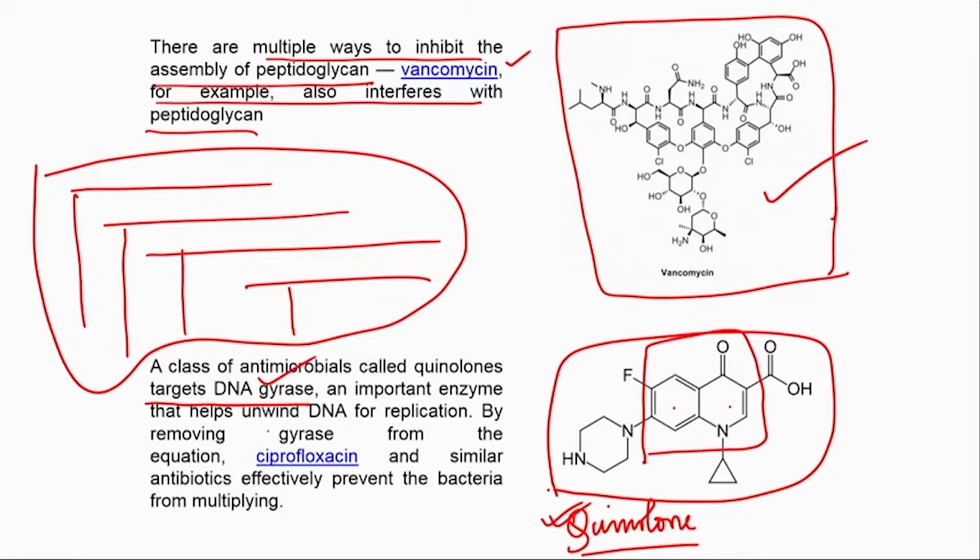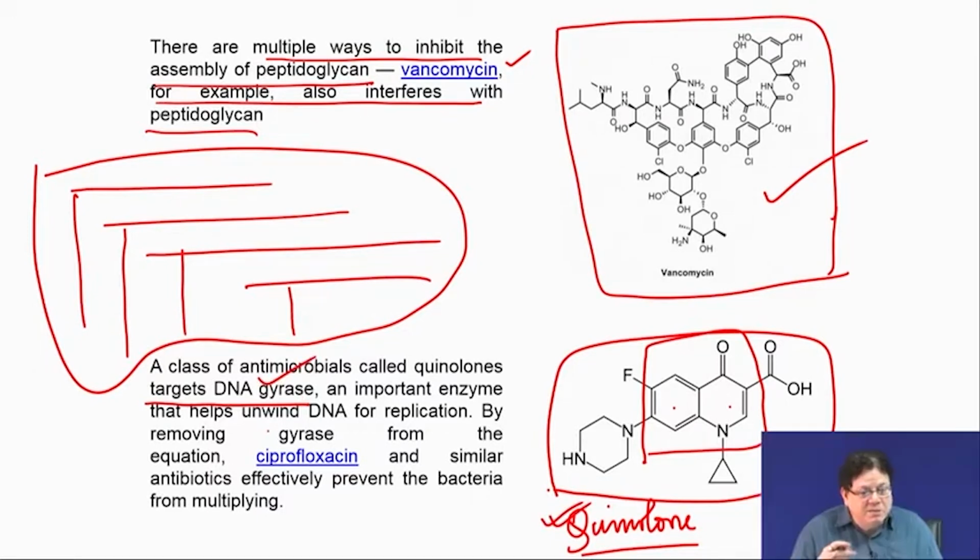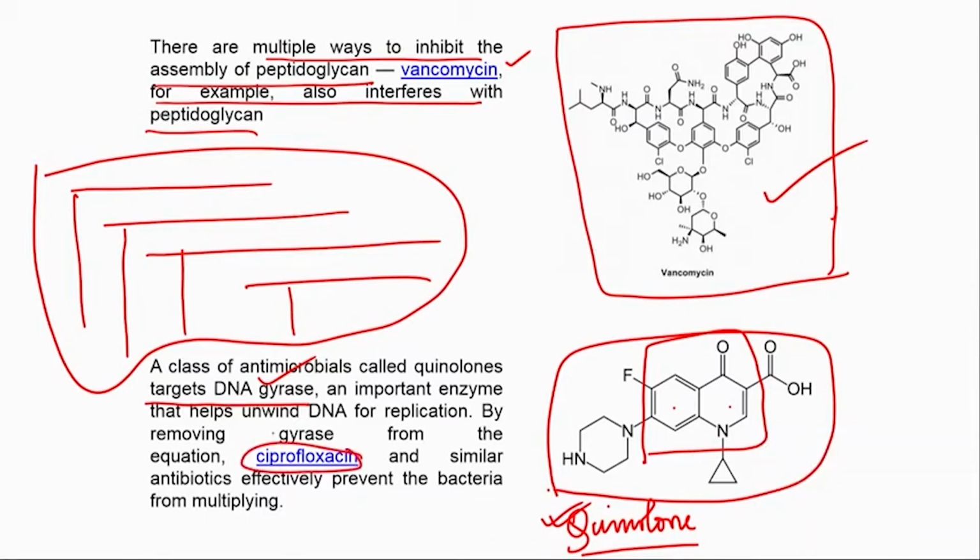That means, these are all non-covalent interactions. It binds to the DNA gyrase, and the gyrase then does not do the unwinding, so that stops the replication. One of the famous compounds is ciprofloxacin. Now, this ciprofloxacin or norfloxacin, there are different generations that have come.